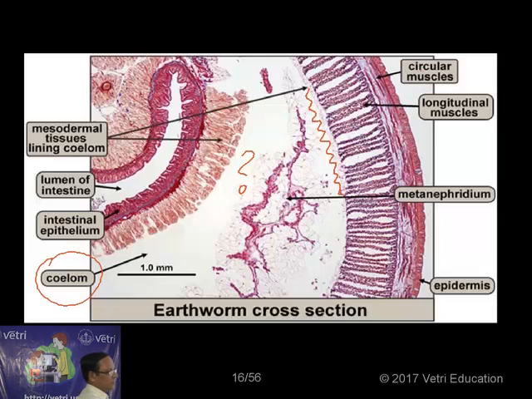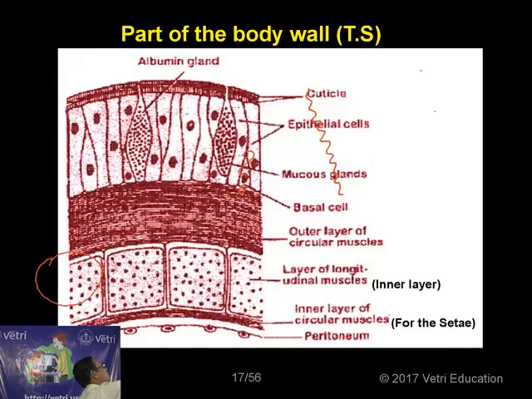Now the epidermis, the outermost layer. Only the muscles and epidermis are shown along with the coelomic epithelium somewhere, but other structures are not visible because this is a sectional view taken originally. You can see here the arrangement, the cross section of the body wall.